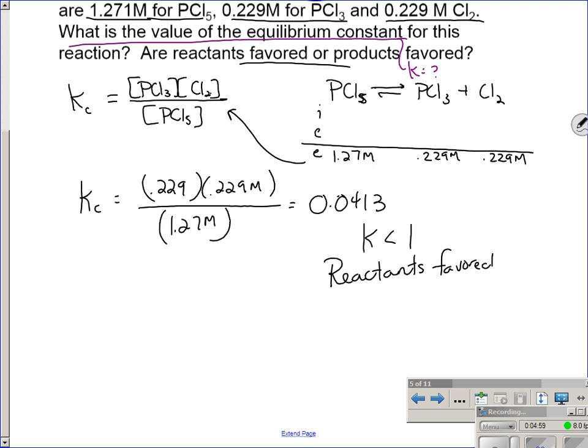Meaning that the reverse reaction is moving as a stronger reaction than the forward reaction. So we're going to get very few products. Most of the reactants are going to stay reactants.